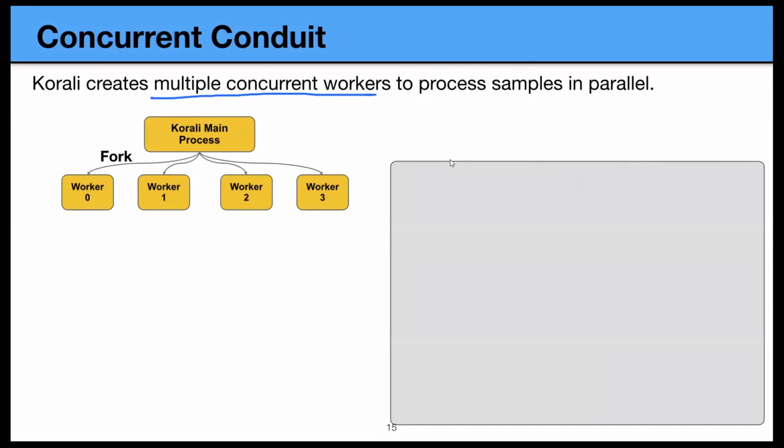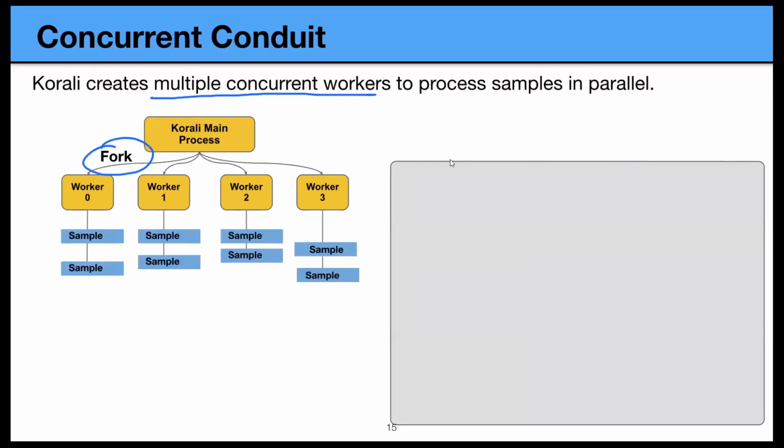And this is a technical detail: Korali uses a fork operation, so it creates multiple copies of itself, like a virus, funny enough. And each copy will know that they are a worker, and they will start executing the samples that the main process gives them.